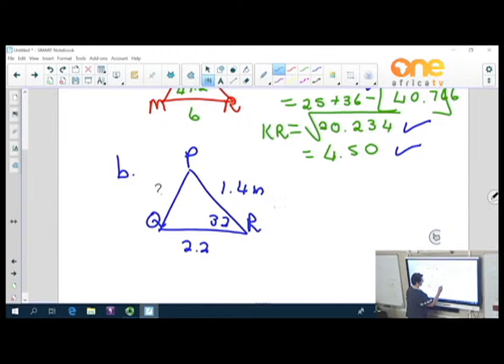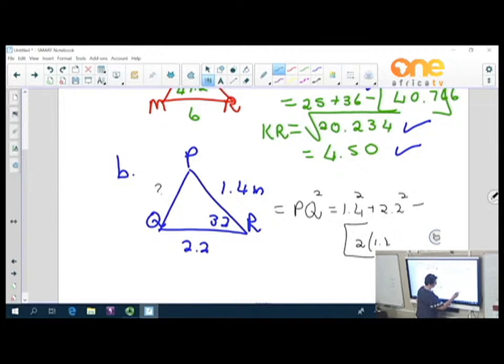So this is then going to be PQ squared is equal to 1.4 squared plus 2.2 squared minus, and now there in brackets it will be 2 times 1.4 times 2.2 cosine 32 degrees.